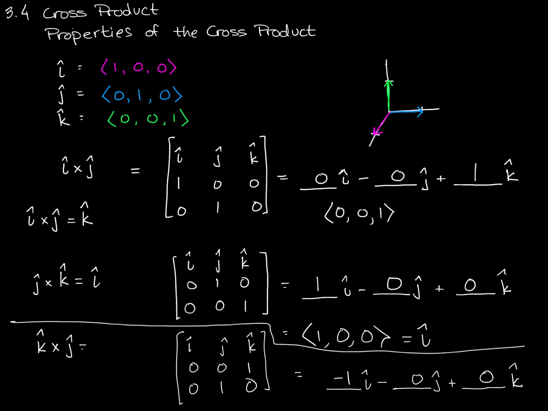So when I reverse the order here, the same predictable thing happens. I get -1, 0, 0, which is a scaled vector i. So I get -i. I think that's a very interesting result. I don't know if you'll feel the same way, but I thought it was worth just a little bit of time on our last video for this section.